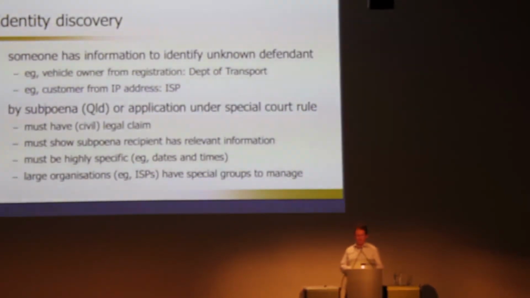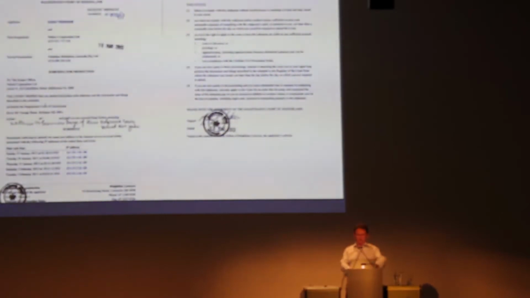You need to be highly specific in a subpoena. So, for example, when I showed this one, you'll see that the table had times down to the second, and that just obviously comes from the email header that we received. So we know the email was sent at a particular time, from a particular IP address.